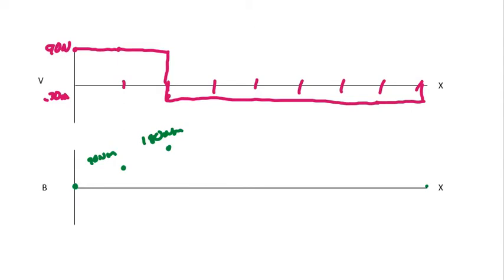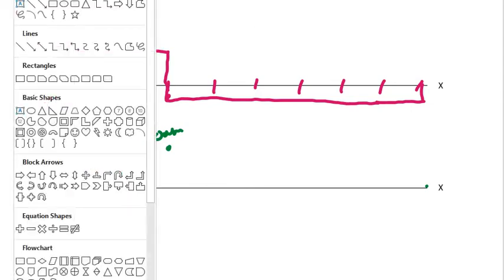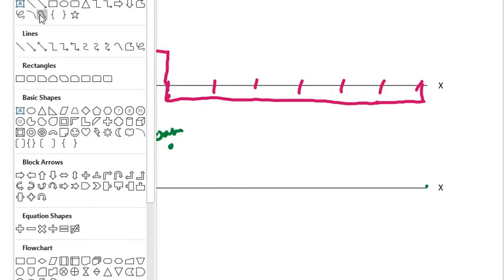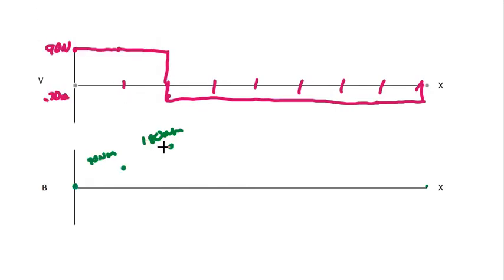So I am going to cheat a little bit on these. Let's try that again. There we go. So this is going to be a straight line going up by 90. And then this is going to be a straight line going down by 30.